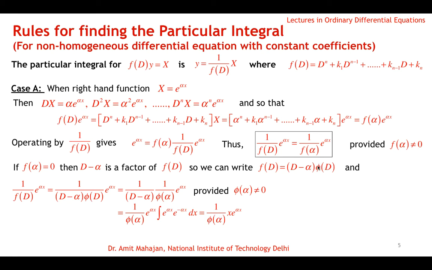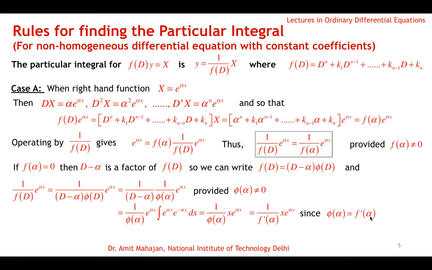And phi alpha is nothing but f dash alpha. If I differentiate this equation with respect to D and substitute alpha, then you will find that phi alpha is nothing but f dash alpha. So 1 by phi alpha is nothing but 1 by f dash alpha, giving 1 by f dash alpha times x e power alpha x, provided phi alpha is non-zero, that means f dash alpha is non-zero.